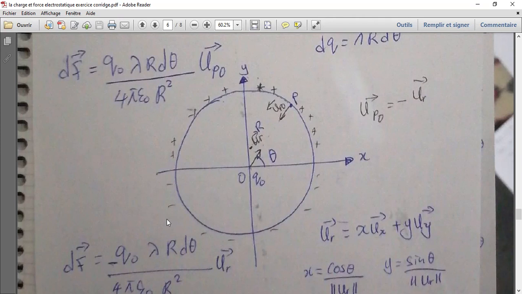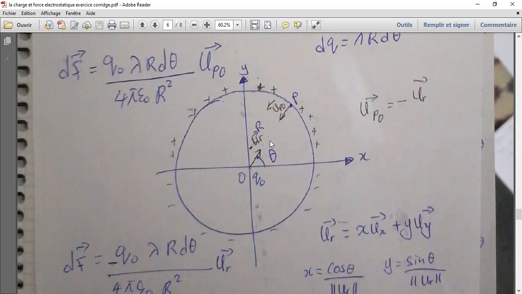Here, since they have given the letter R as the radius, I shall consider UR as my vector, which just replaces E rho. So UR is the same as the vector E rho, which we have already looked at. So now, where is the negative coming from?